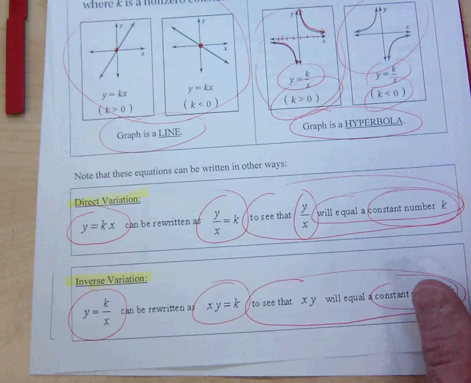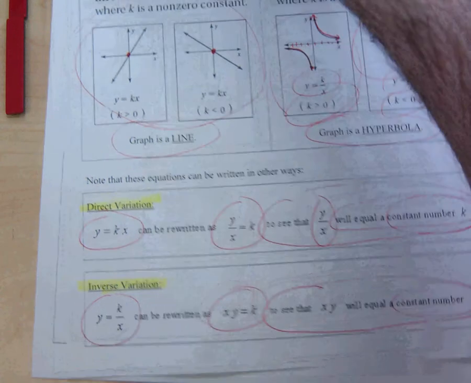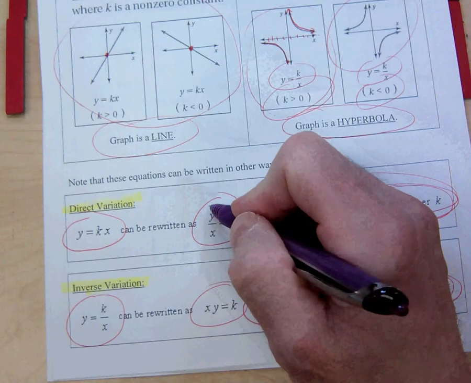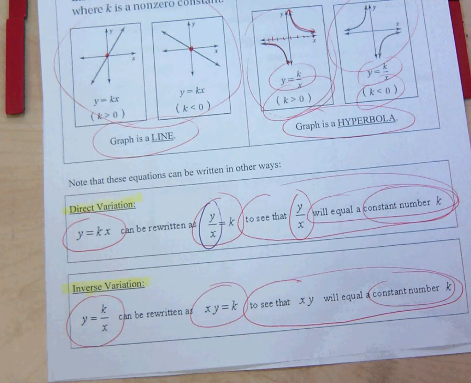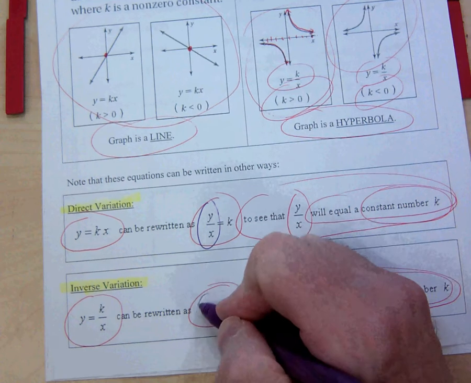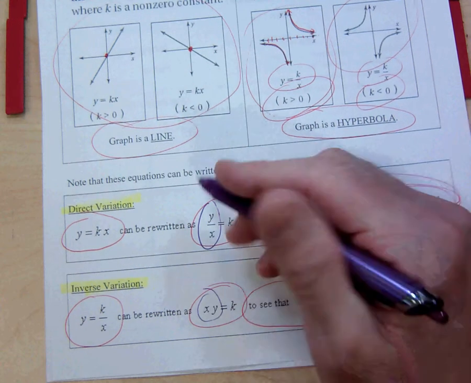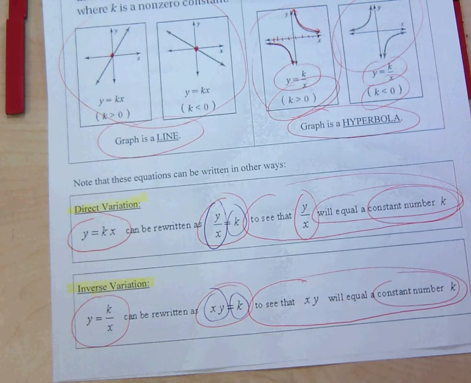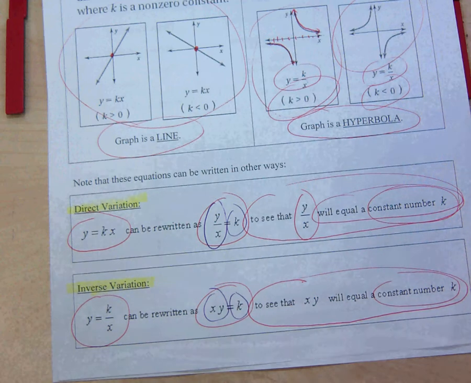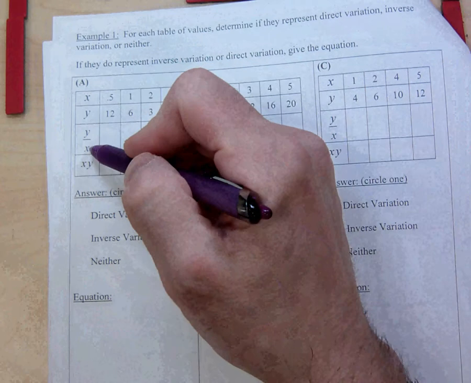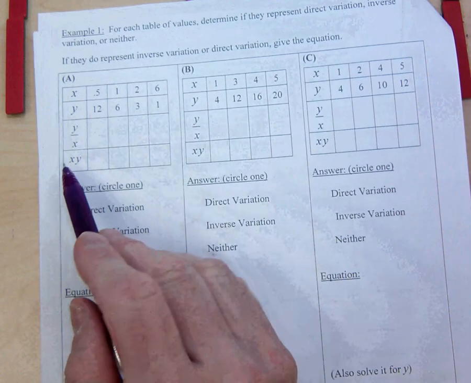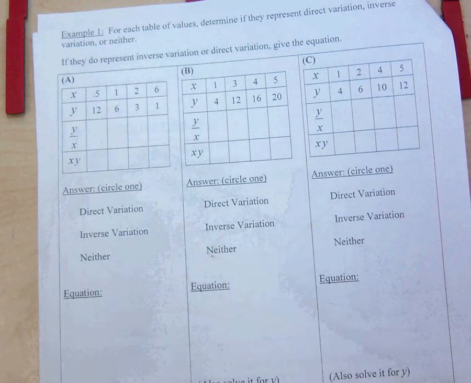So which is why in your table, I suggest you do y divided by x and see if you see a constant, and then you take x times your y and see if you see a constant. Does that make sense? So that's why you see what I did in the rest of the table. I'm going to take your y's divided by your x's, and then you might also need to take your x's times your y. So here we go.